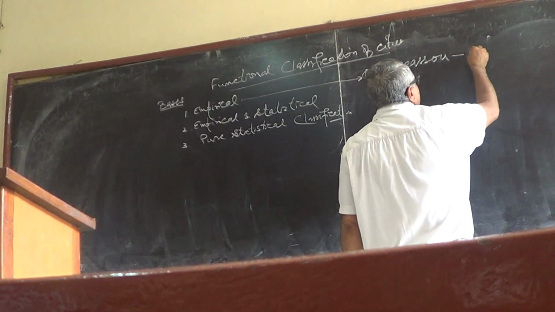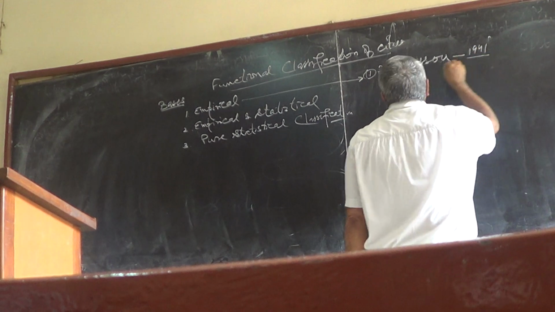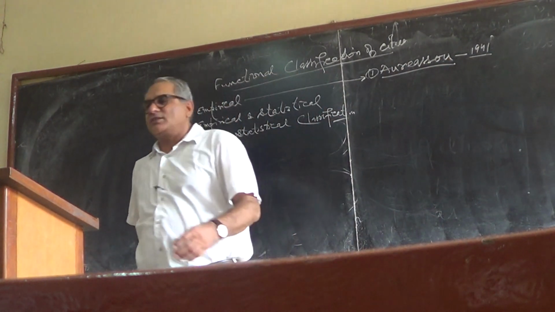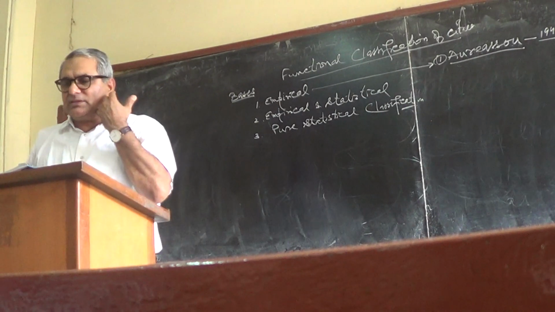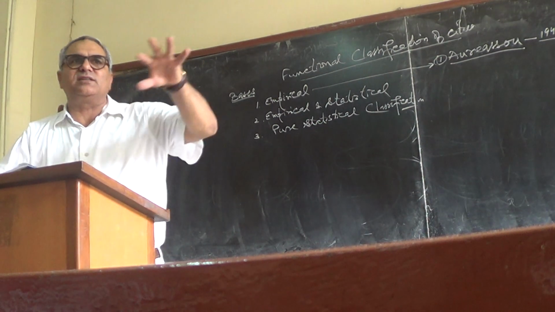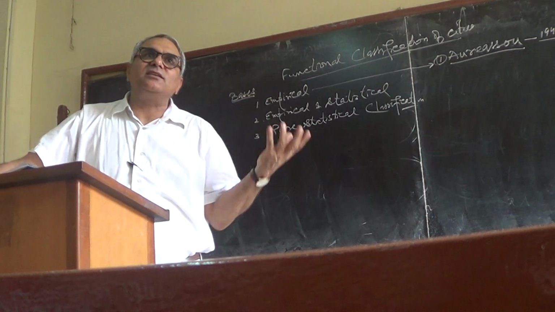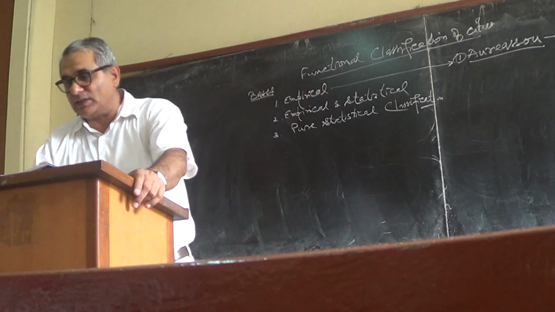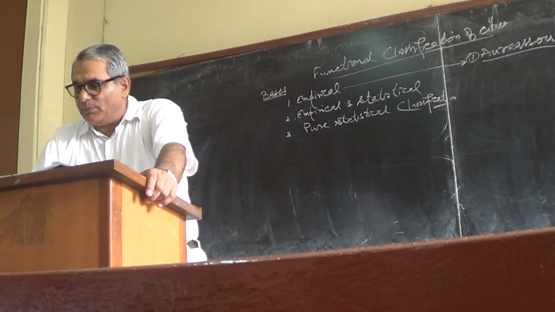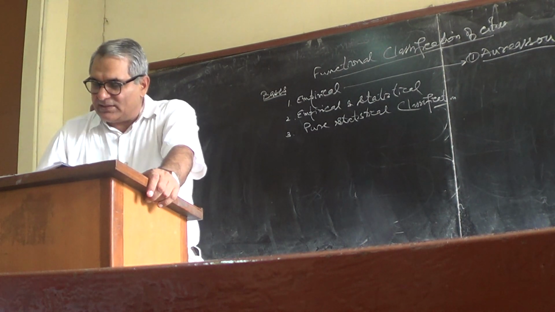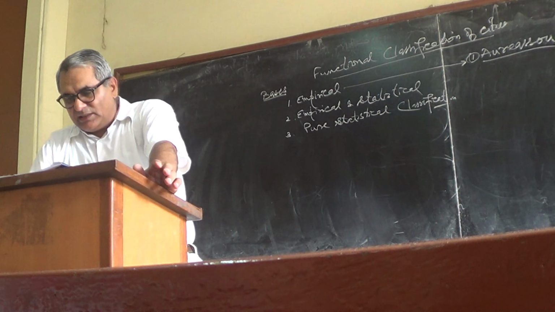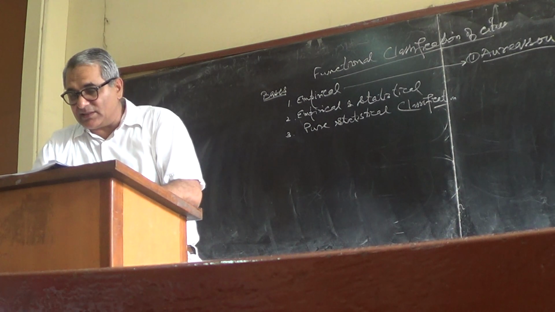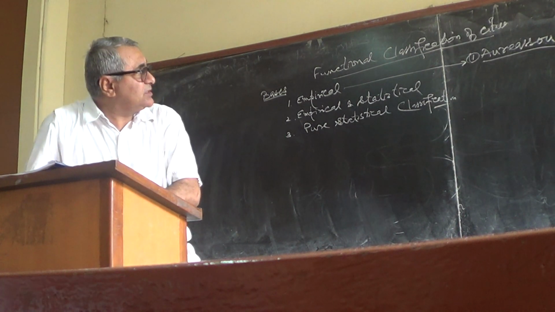Aurousseau gave it in 1941 on an empirical basis, on the basis of the different functions, without any statistical measurement, broadly after visualizing the conditions of employment or economic activities, after determining the functional conditions of the city and the location of the city.